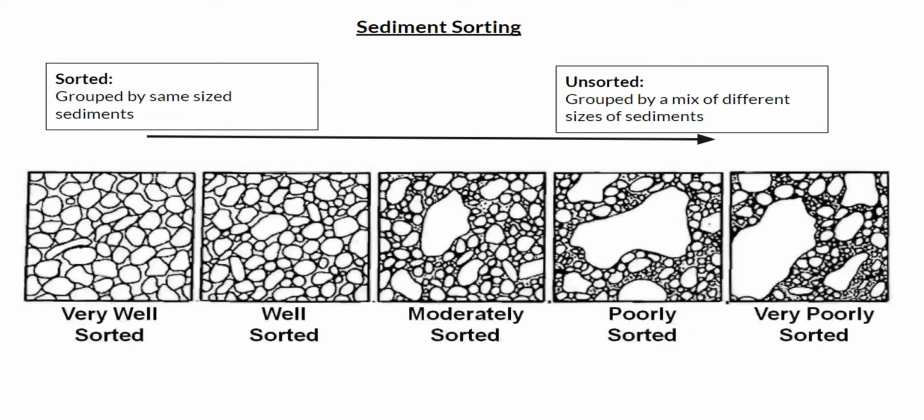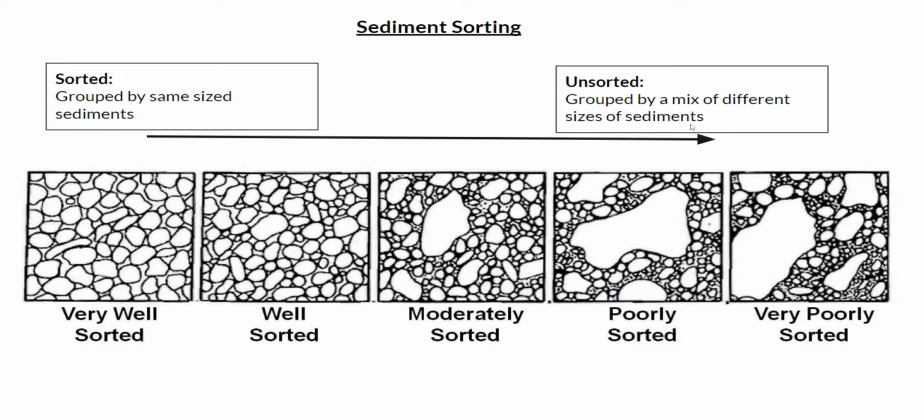So before we move on and talk more about water and porosity and permeability, we need to go back to what sorting is. Remember, sediments that are sorted are grouped by the same size and shape. For instance, this would be well sorted because all or most of the sediments are about the same size and shape.